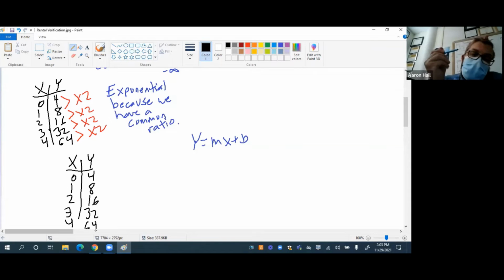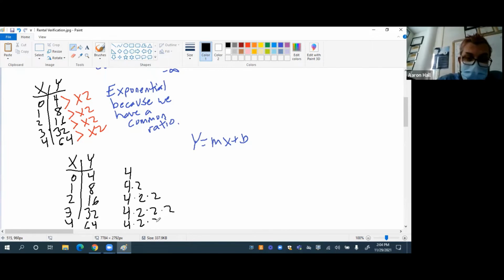And if I look at this line here, I can represent this value of y just by writing 4. And the next one would be 4 times 2. And the next one would be 4 times 2 times 2. And the next one would be 4 times 2 times 2 times 2. And the next one would be 4 times 2 times 2 times 2 times 2.